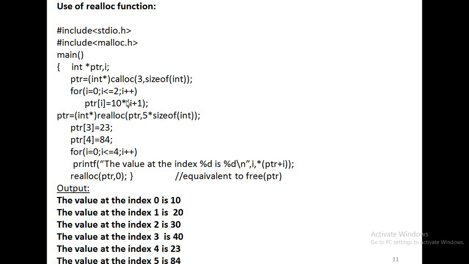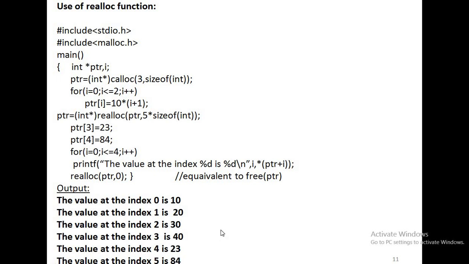So now the earlier 3 values will remain intact, and 2 more will be filled with new values, and the entire array is now indexed 0 to 4. Earlier there were 3 values, 0, 1, 2, and now overall 5 values are there. So we have the earlier ones, and the new values are 23 and 84.